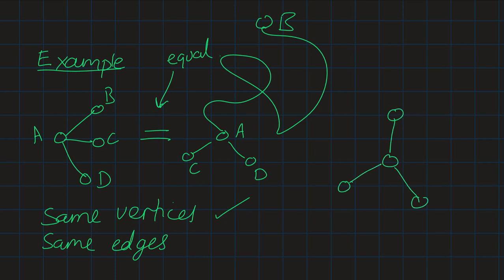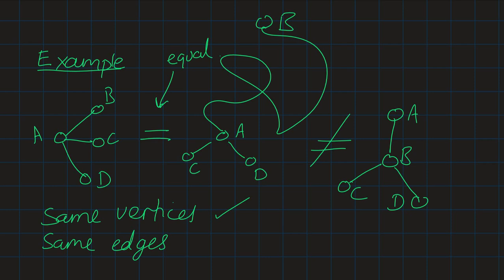It looks the same, but if I label it like this, then that is not equal to the first two graphs. One way you can see that is, in the first graph, or even in the middle graph, there's an edge from A to D. But on the right graph, there is no edge from A to D. There just doesn't exist an edge from A to D. So it's not equal.